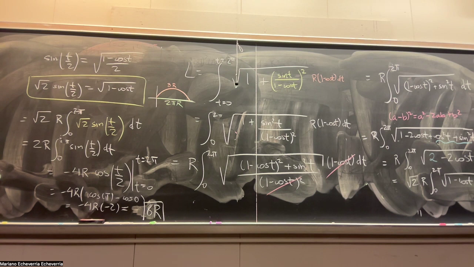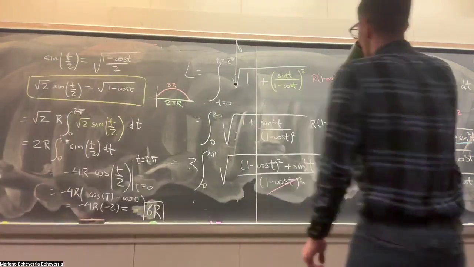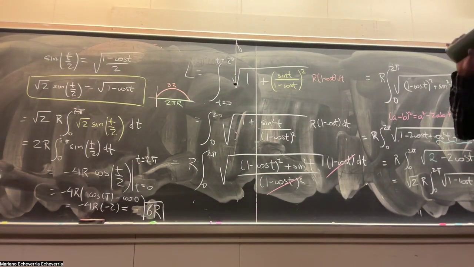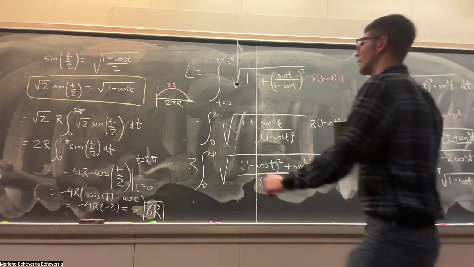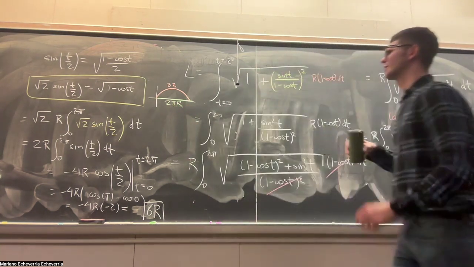I don't think there's any pi that I'm missing, so that should be fine. There could be because of the units, but the integral is correct. I would have to double check the pi thing.